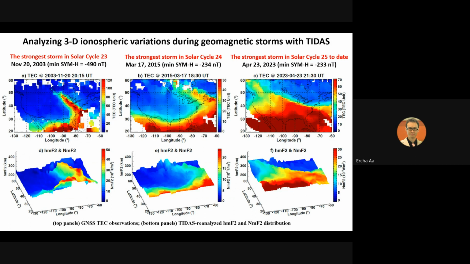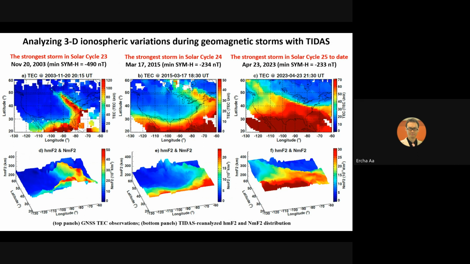We're trying to find out which of them have SED, and we managed to extract about 49 storm events that have SED. We are using TIDAS to do reconstruction, and we did a statistical analysis. That's one of the current jobs we are doing. So for storm cases, TIDAS can help us reveal the three-dimensional structures. That's the first topic.